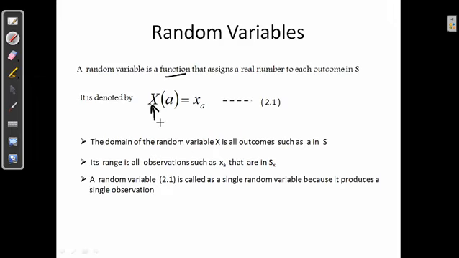X is the random variable. The content of the sample space is a, an outcome in the sample space. It assigns a number to it, X(a). This is what your random variable is: a function which assigns some real number to each outcome in S. Clear with that?